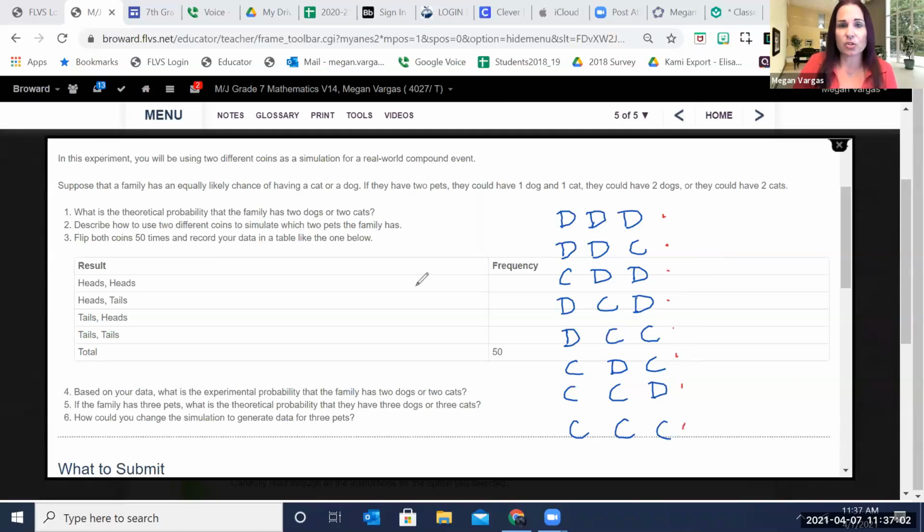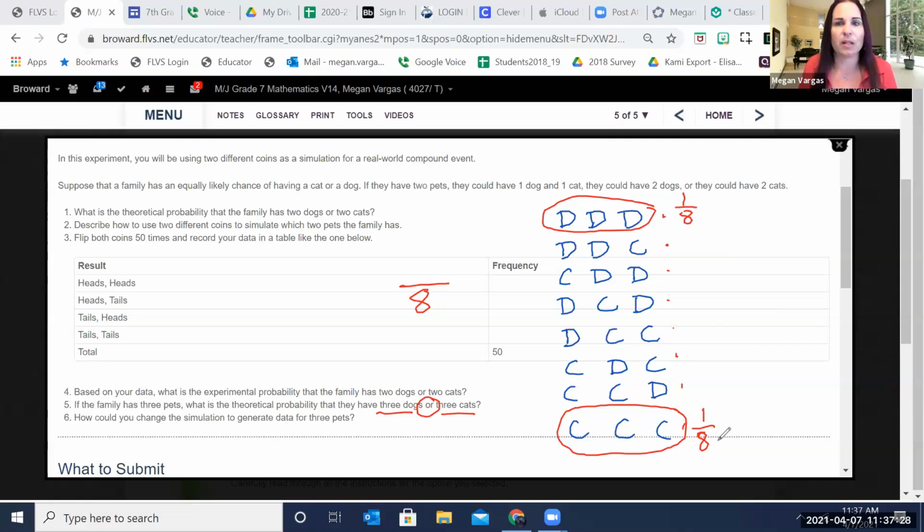I've got 8 total outcomes. Out of those 8, how many are 3 dogs or 3 cats? This one and this one. And because it says the word or, I'm going to add them together. Each one of them has a 1/8 probability. So the probability I'm going to have 3 dogs or 3 cats would be 2/8 or 1/4.